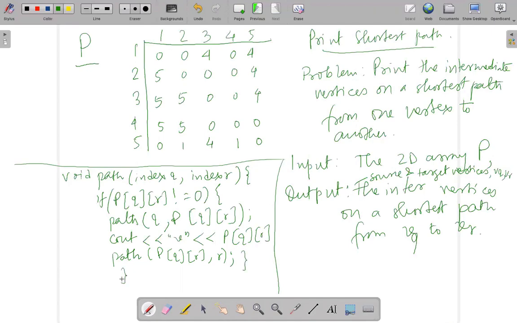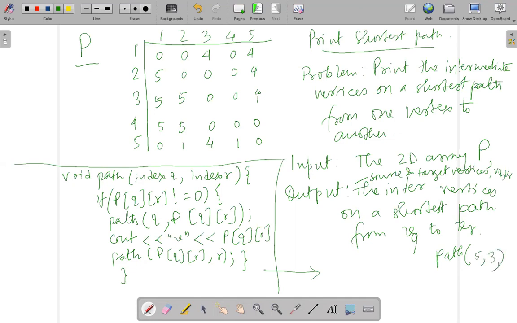So you see what is happening. This is very similar to the traversal algorithms that you have already learned in binary search tree traversal techniques. Okay, so let's say I call the function path with arguments Q and R as 5 and 3.